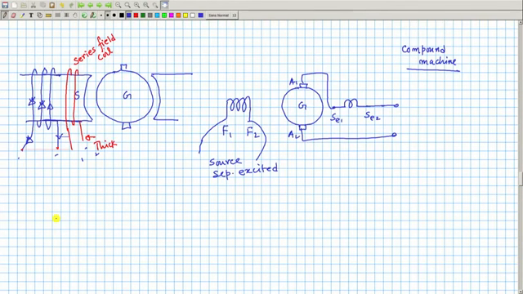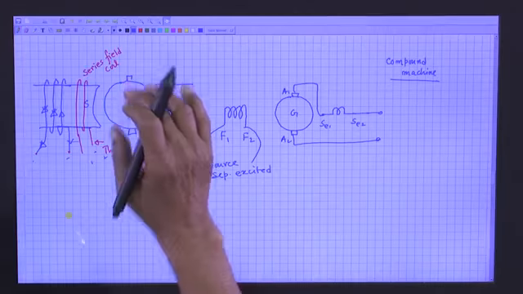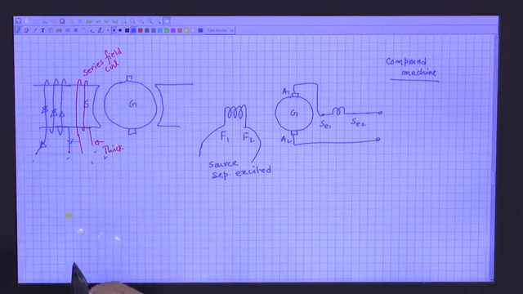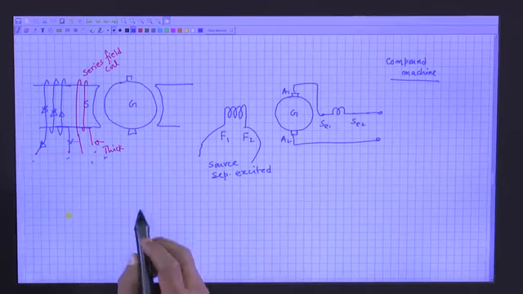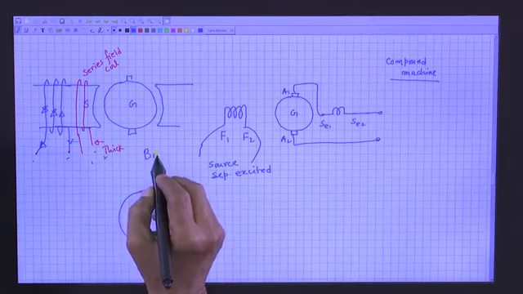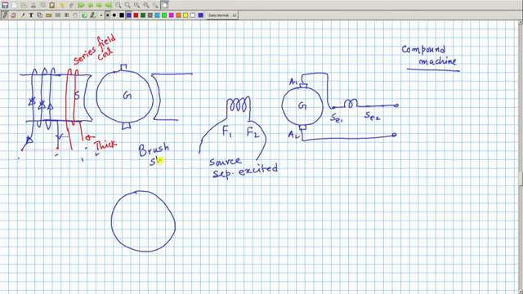Then the next aspect, which I have discussed at length, is that sometimes brushes are shifted. For what? For improving commutation. When you do brush shift, it is done to improve commutation.